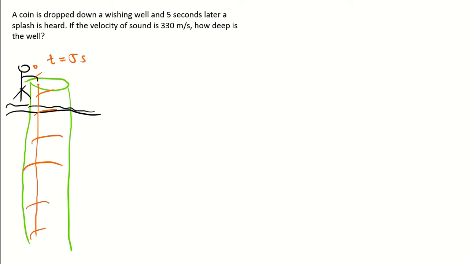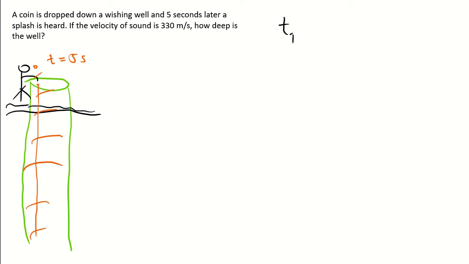Okay, medyo hirap na. So, meron tayong dalawang klase ng time dito. Yung time na pababa yung coin at yung time na paakyat yung sound. Pero kung titingnan mo, mas mabilis yung sound kaysa sa coin. So, isipin agad natin na, yung travel time ng coin pababa ay mas malaki kaysa sa travel ng sound. So, punta na natin dito.